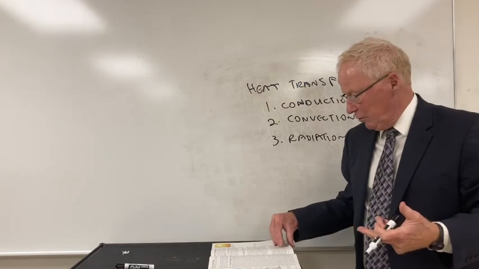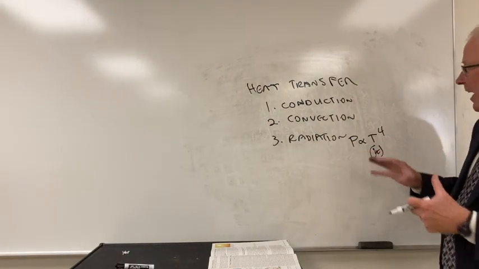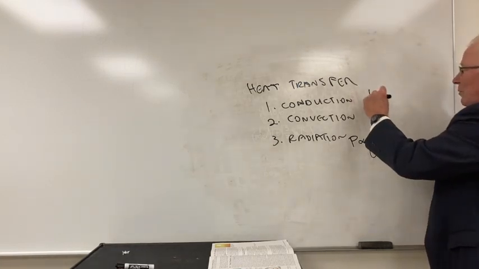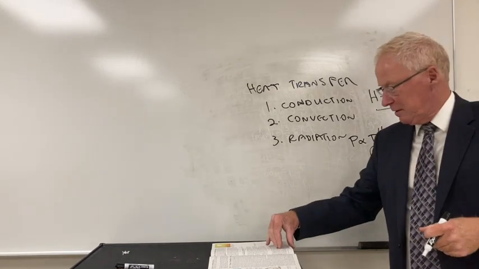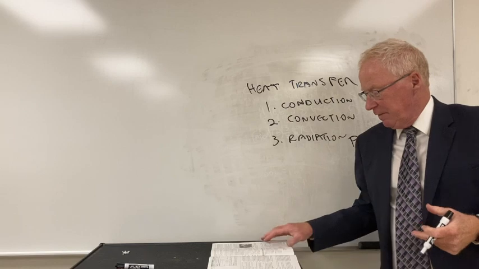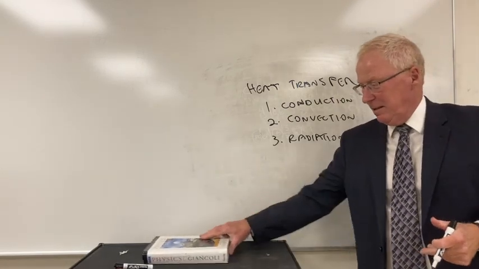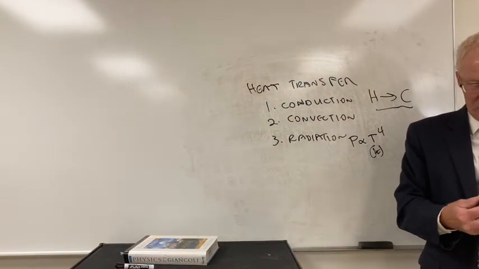So I went through those, what are the characteristics of each of these as far as what's actually happening in this kind of heat transfer. Because we have heat goes from hot to cold from the first law of thermodynamics. And that is it for exam 5. All right, so that's the end of the content for the semester.